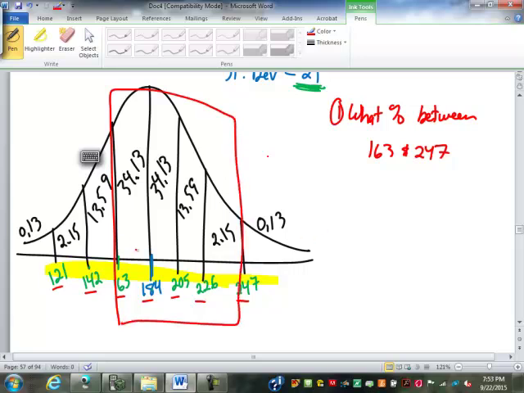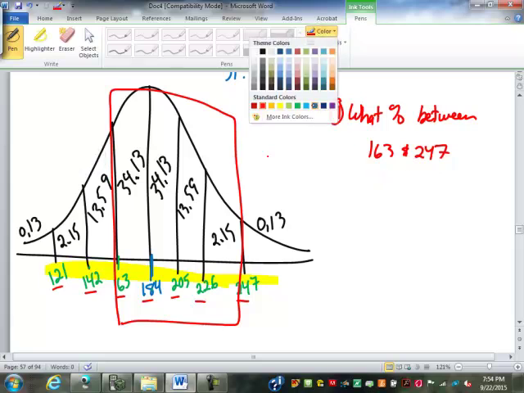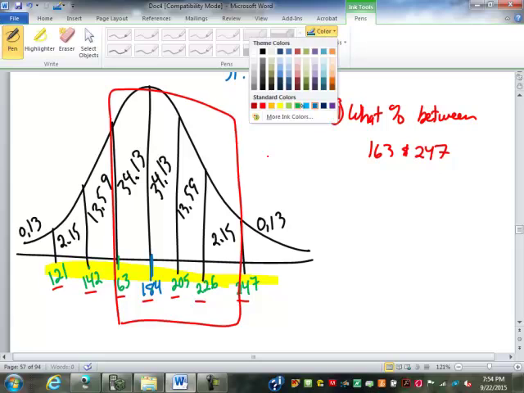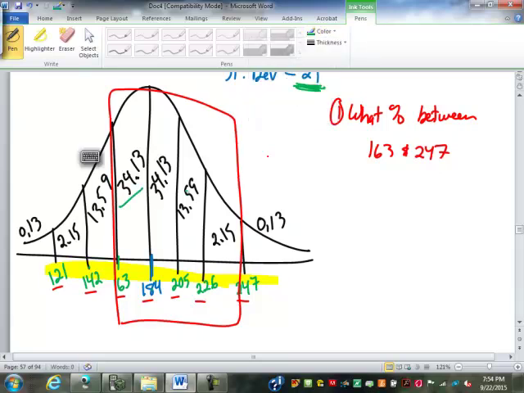If we add those percents up, we get 34.13 plus 34.13 plus 13.59 plus 2.15. That should equal, actually comes up to exactly 84%.